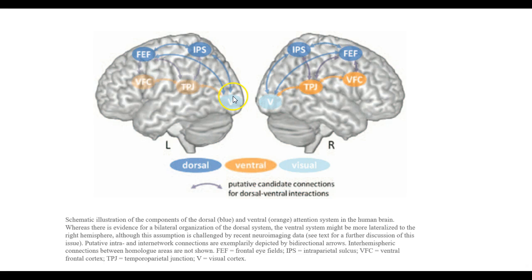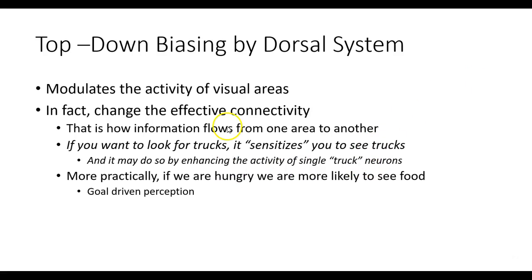It will actually stand out despite the fact that it is a crowd of all kinds of birds. So this is top-down biasing by the dorsal system. Okay? It actually changes how the visual areas are processing information to make it easier to see something.